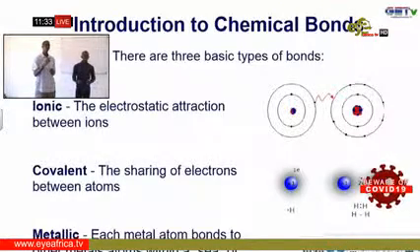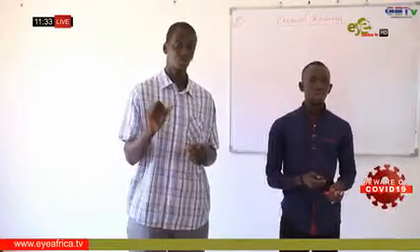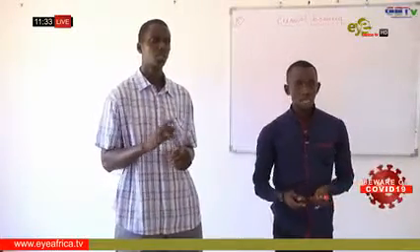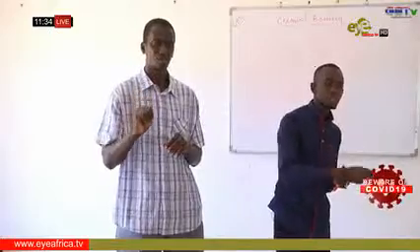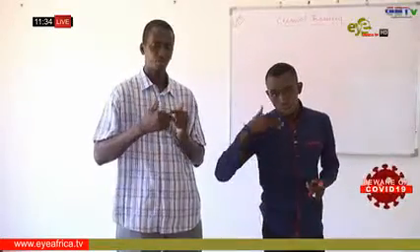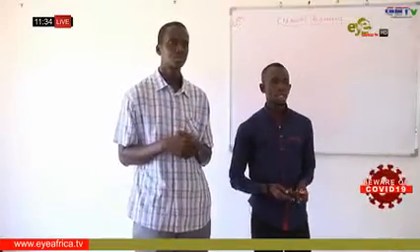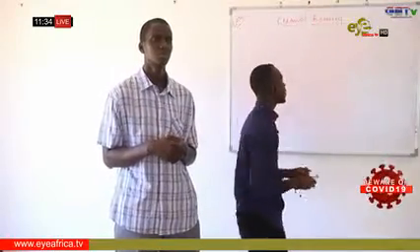We also have metallic, which involves atoms within a sea of electrons. That is, they allow the free flow of their valence electrons. That is, the metals' valence electrons are delocalized.